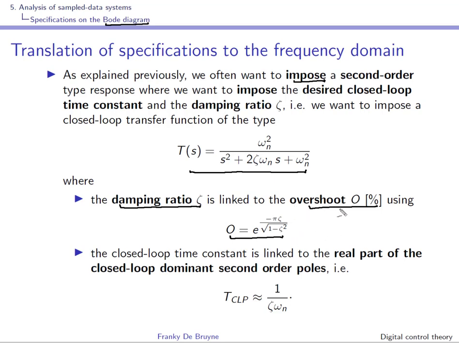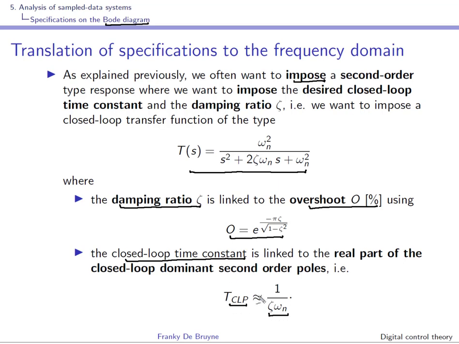Apart from this specification on the overshoot, you probably have a specification on the closed loop dominant second order poles, or on the closed loop time constant, here it is, and it is linked to the real part of the closed loop dominant second order poles by this formula over here.